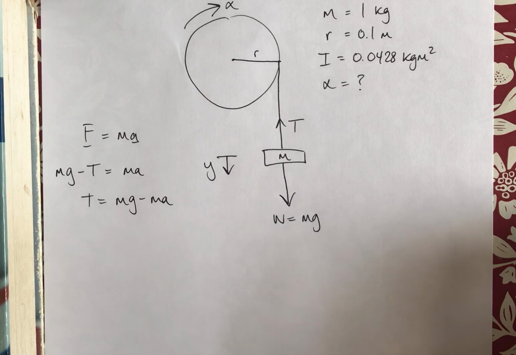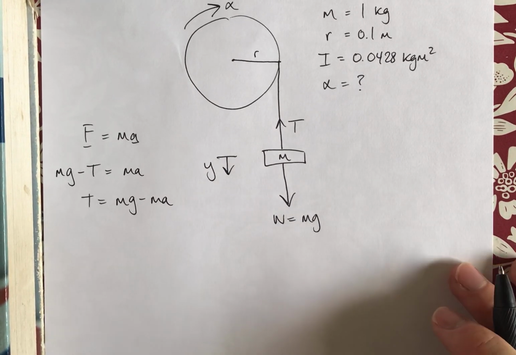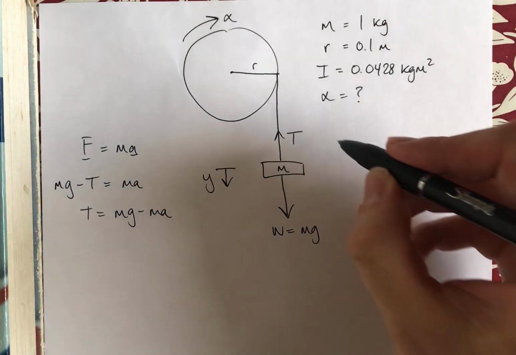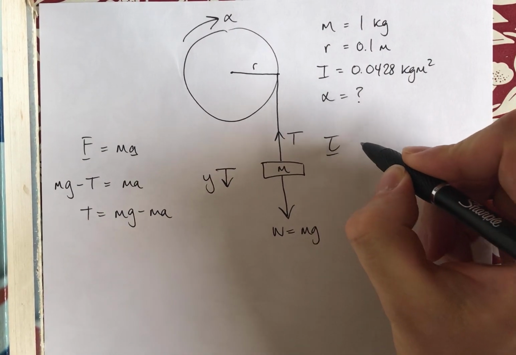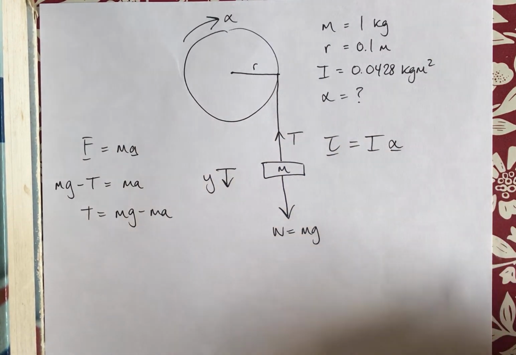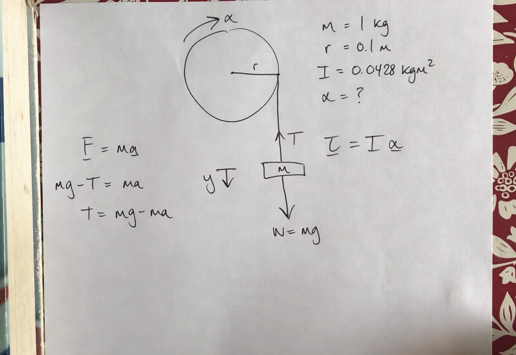Okay, now we're going to do the same thing, but for the rotational motion. The equivalent to Newton's second law, as I said, would be the torque tau is equal to moment of inertia I times the angular acceleration alpha.